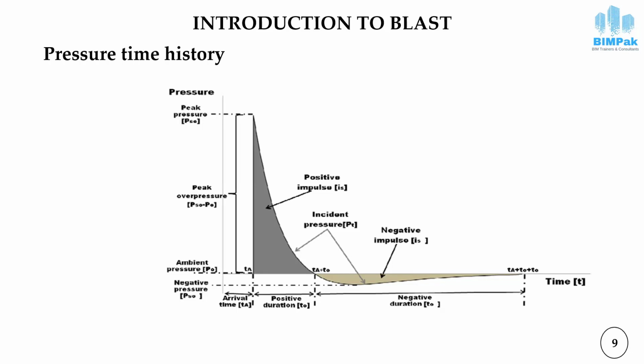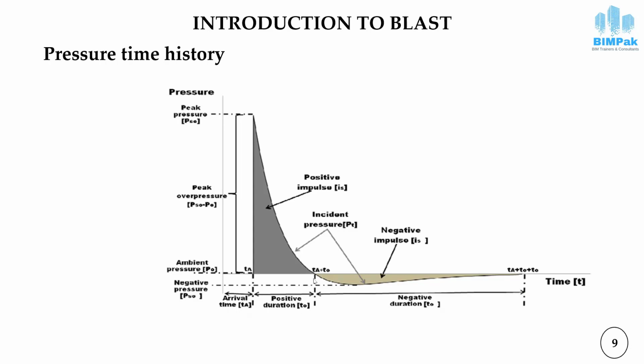And this time is very, very small. It is almost 1 to 3 milliseconds. And then you can see an abrupt increase in the pressure. In other words, within no time, the pressure increases from ambient pressure to the maximum. And then a decay can be observed.